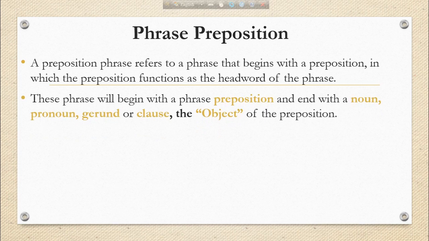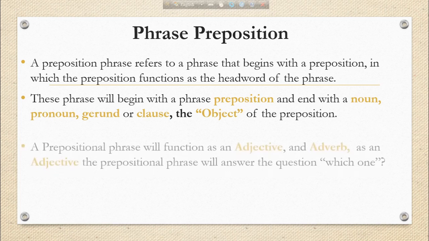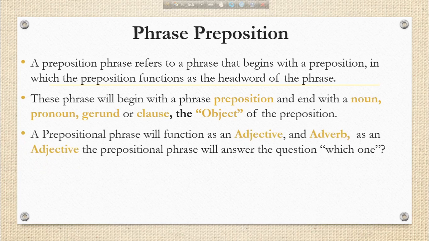This phrase will begin with a preposition and end with a noun, pronoun, gerund, clause, or the object of the preposition. A prepositional phrase will function as an adjective or adverb. As an adjective, the prepositional phrase will answer the question, which one?